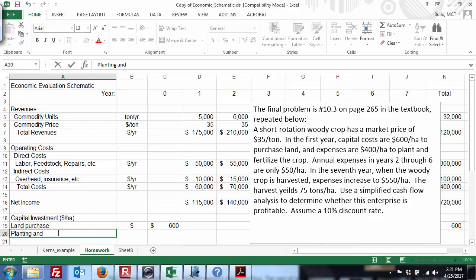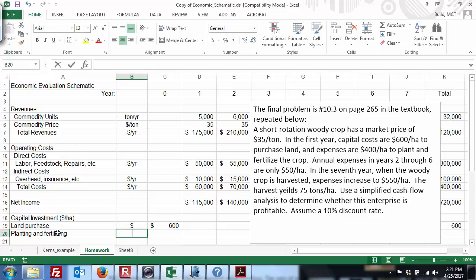Let's see, dollars, fertilizer 400. Okay. Harvesting. Dollars.